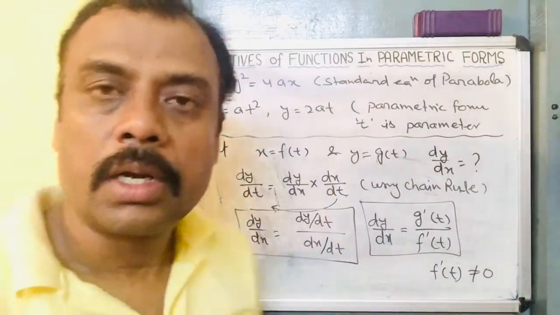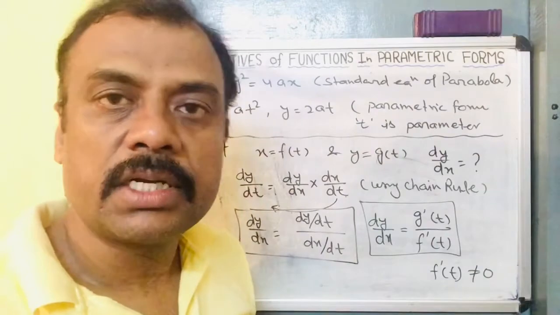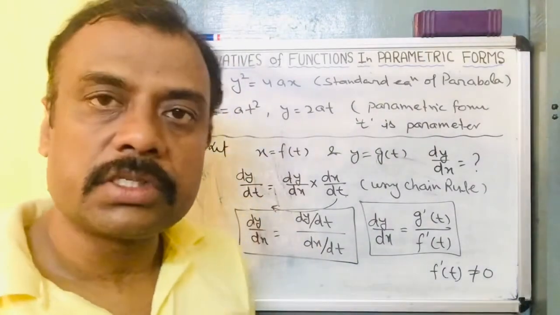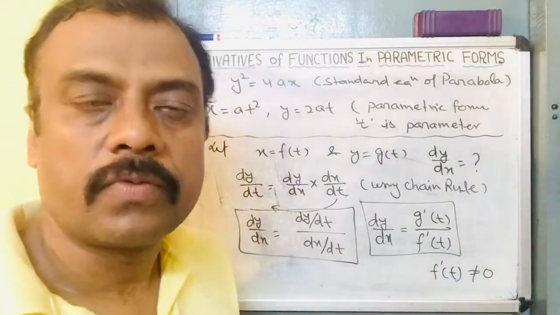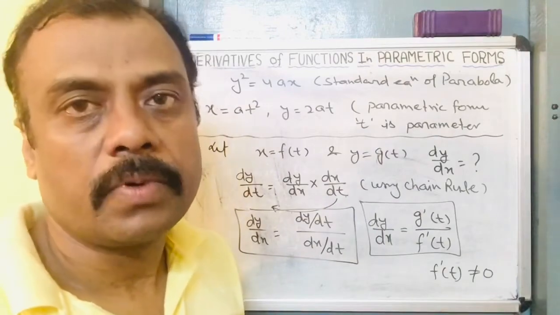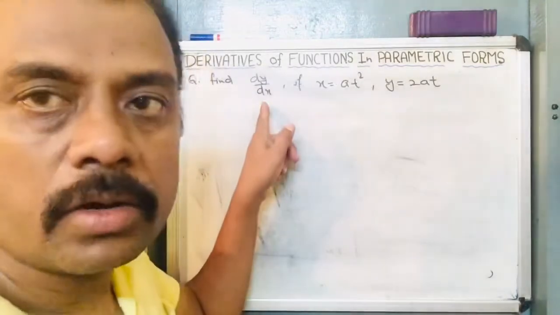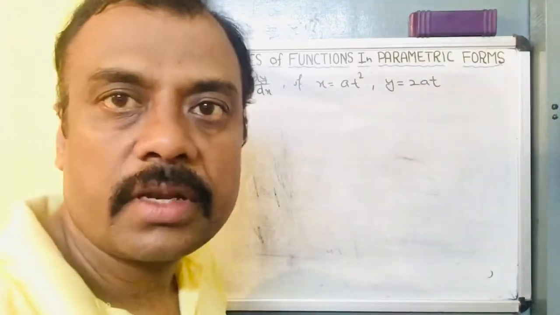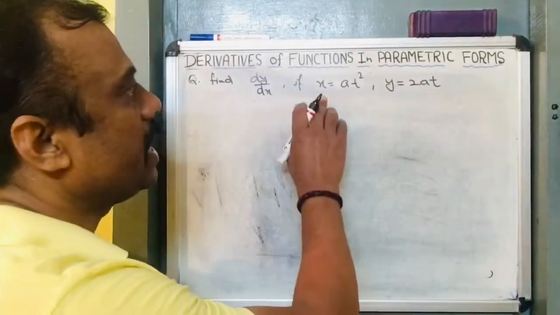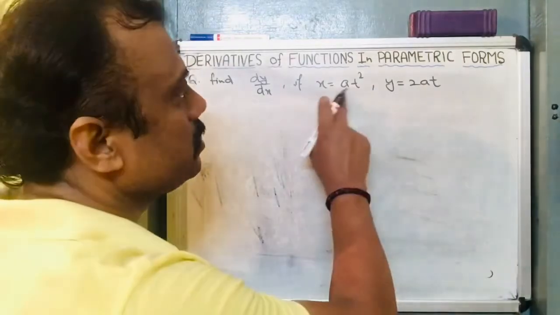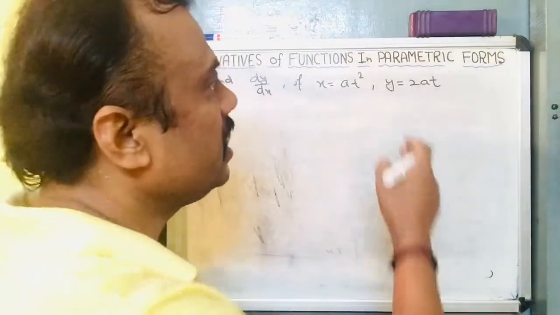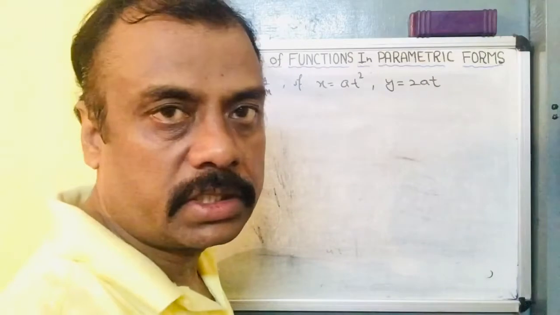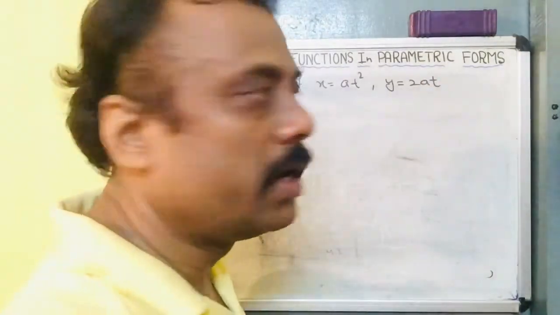So let us understand this process of finding dy/dx, or the derivative, with the help of examples. We have to find dy/dx, and the function is given in parametric form. Here x is given, x equals at square, which is a function of t, and y is given as 2at, which is also a function of t.